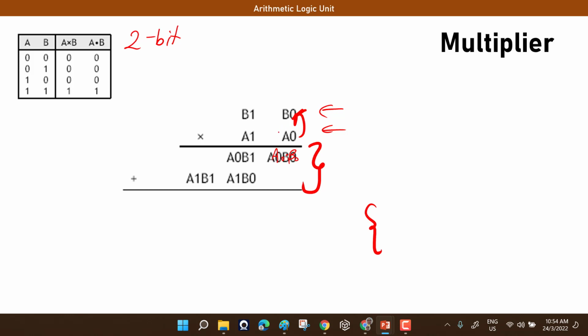This first bit multiplies with the first bit on top, and the first bit also multiplies with the second bit on top. Make sure your positioning is correct, same as how you do normal mathematics. Sekejap, tak ada pula tukar colour. So for A1, the row for A1 should be here: A1 and B0, and this one is A1 and B1.